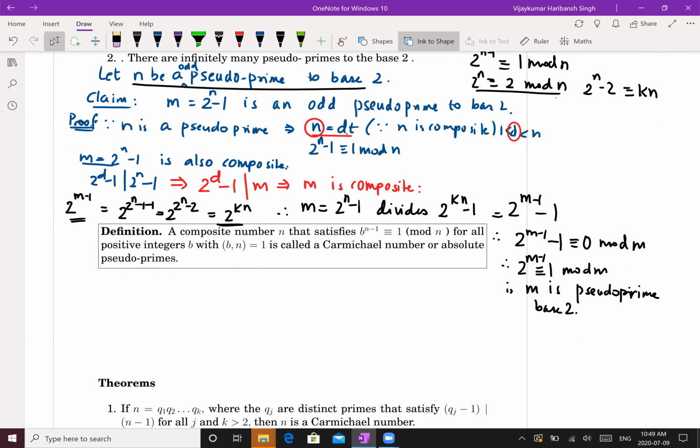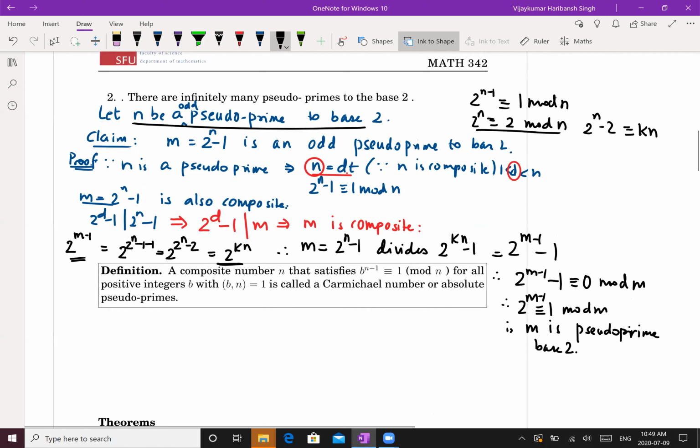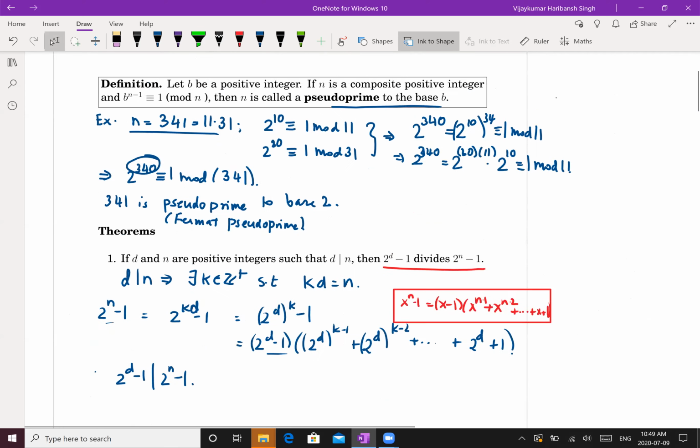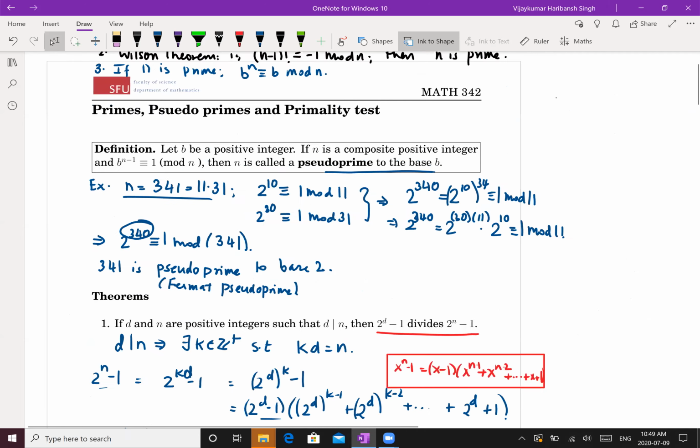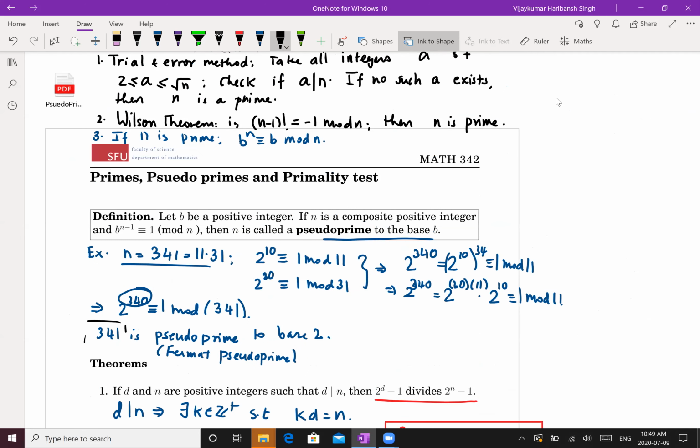So now, there are composite numbers. If you go back, 341 was a pseudo-prime base 2, but it may not be a pseudo-prime to another base, right?